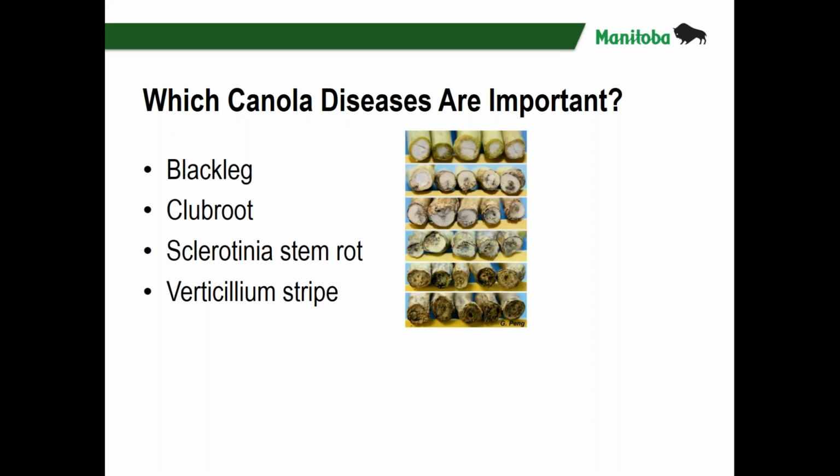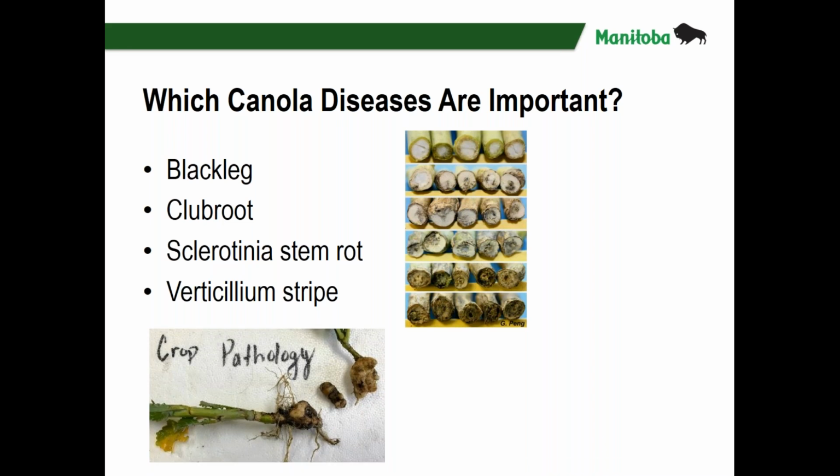And this is the 0 to 5 scale that we use for rating. We had been considering a similar scale for Verticillium because we do see symptoms within the stem, but we have not yet been able to come up with a suitable rating scale for Verticillium Stripe.